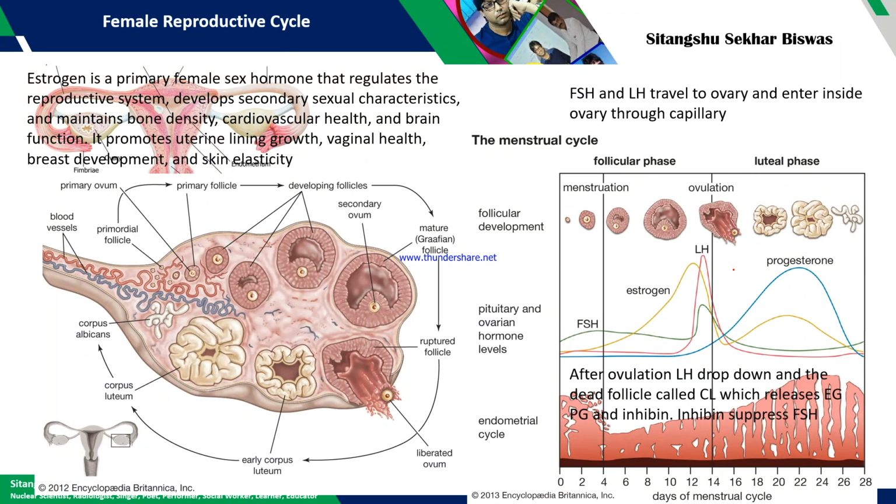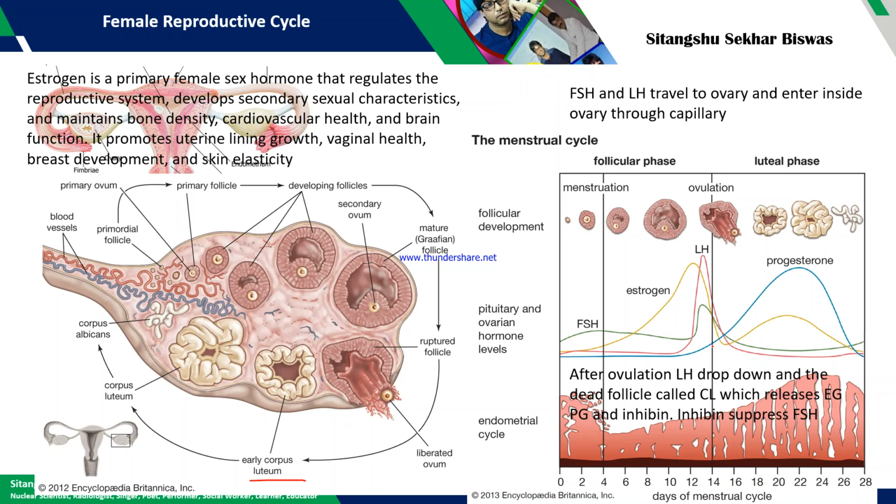Now coming to the starting of the luteal phase. After ovulation, the dead follicle no longer has much role. This dead follicle is called the corpus luteum, and it will release another hormone, this blue line you see.